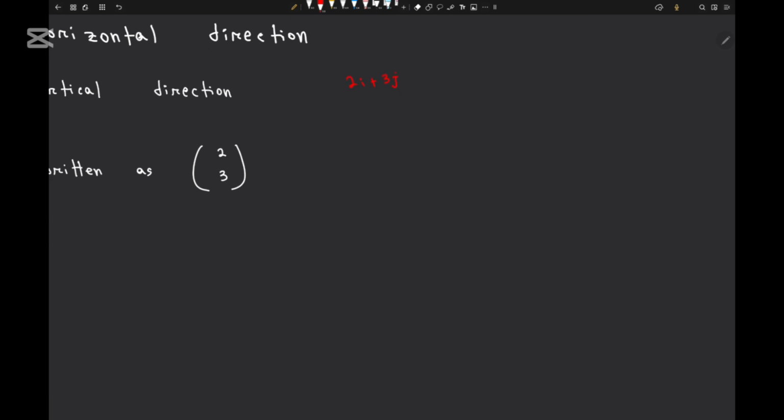Now if I want to sketch this vector, first of all we need to draw the axes. The horizontal axis will be the i-axis and the vertical axis will be the j-axis. So since this is 2i plus 3j, in the i-axis it will move 2 units to the right, and in the j-axis it will move 3 units upwards.